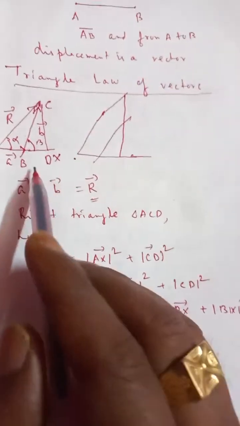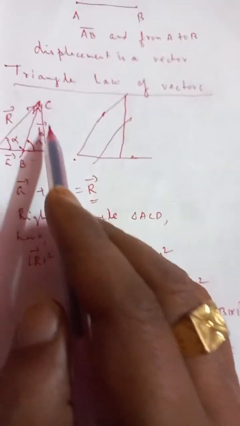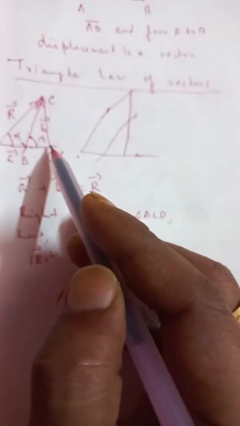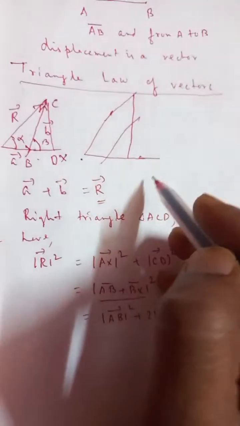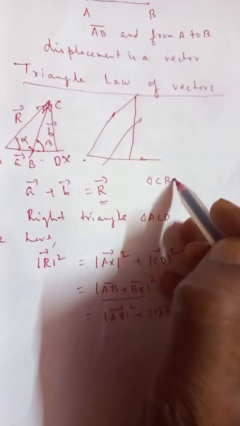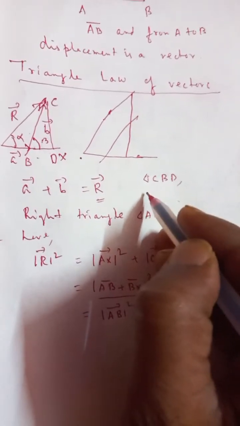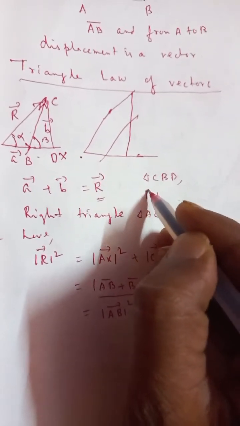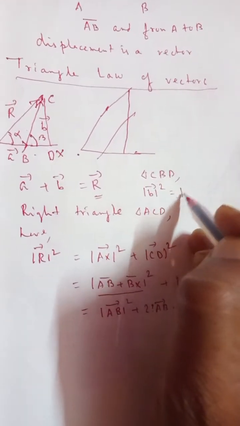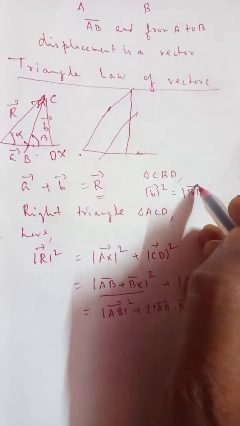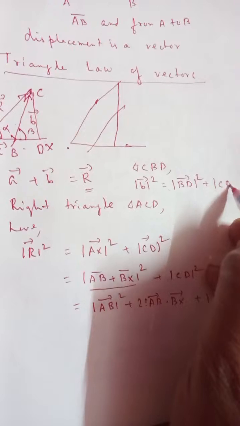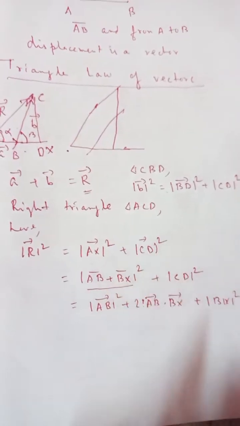So mod of BX whole square, mod of CD whole square. This is from the right triangle CBD. We can write down, for right triangle CBD, mod of B vector whole square is equal to mod of BD vector whole square plus mod of CD vector whole square.